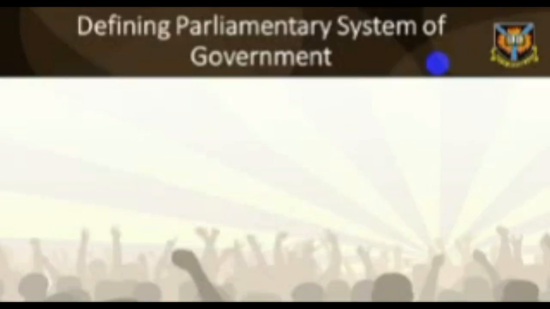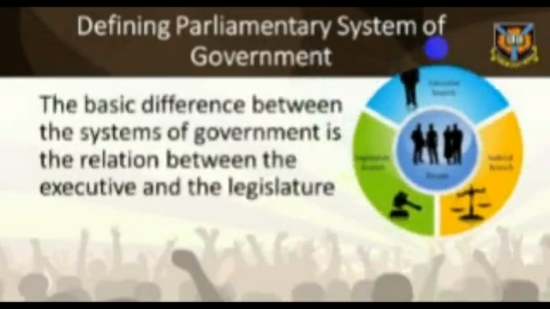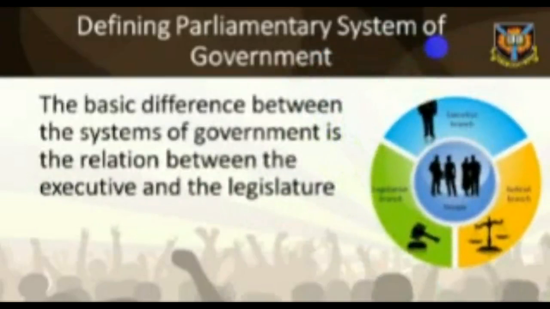Defining parliamentary system of government. In contemporary time, government is organized along either parliamentary or presidential form, and the basic difference between the systems of government is the relation between the executive and the legislature.